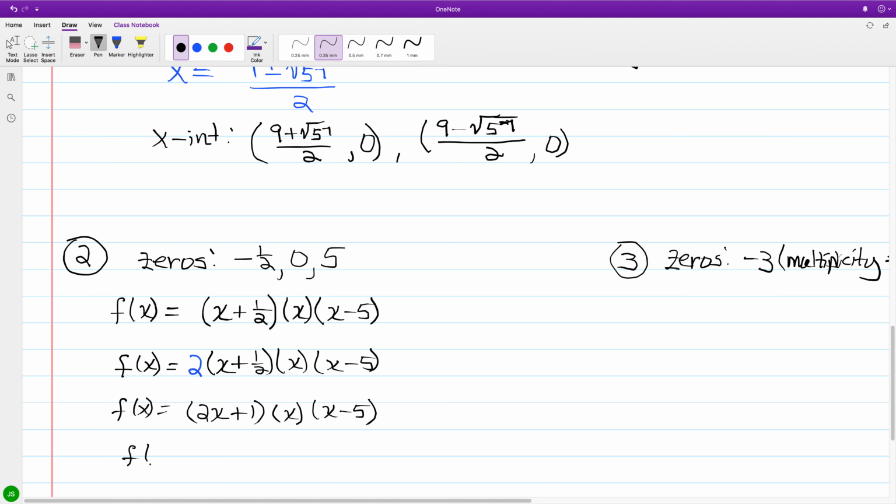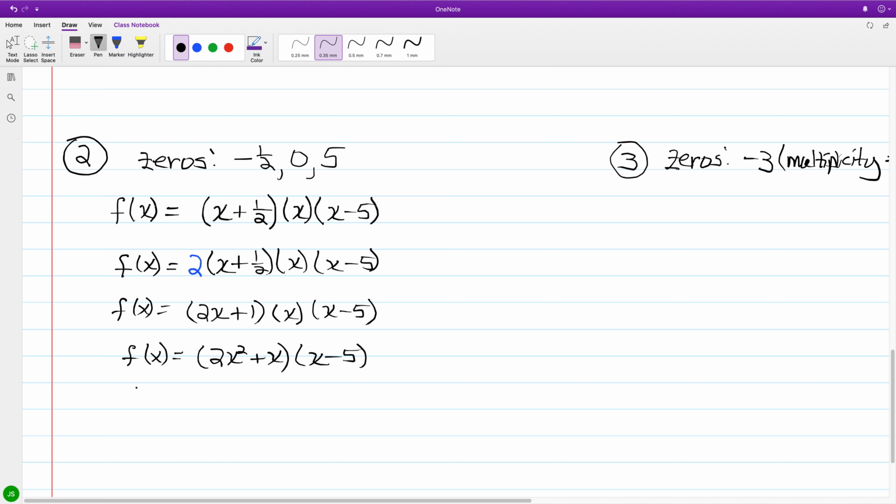And if I multiply the factors in order from left to right, 2x plus 1 multiplied by x gives 2x squared plus x, with x minus 5 waiting to be multiplied.